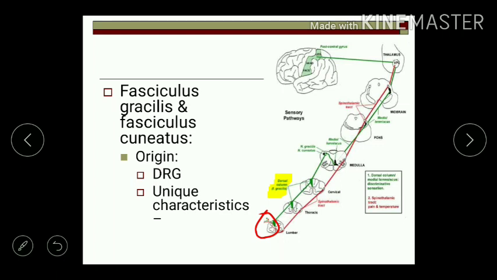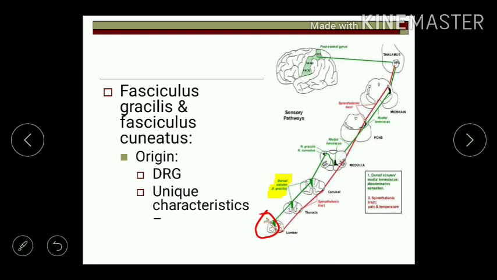It is known as dorsal root ganglion because it is located near the dorsal root. This is a pseudo-unipolar ganglion, meaning it has one pole from which one process arises, which divides into two processes. One process becomes the dendrite and the other becomes the axon. And this axon carries the information towards the central nervous system.